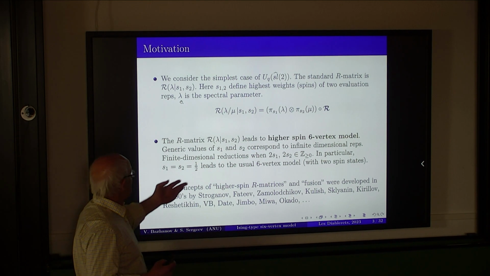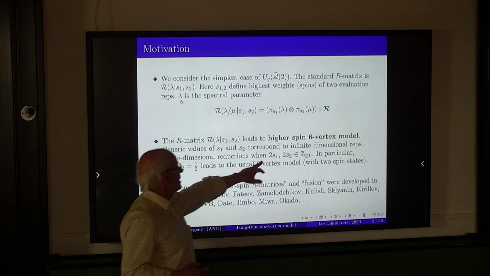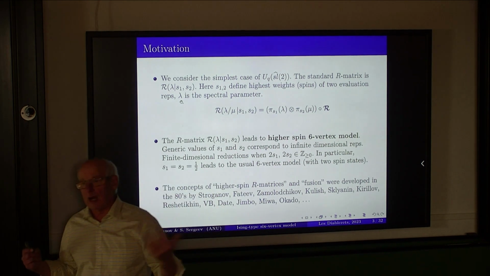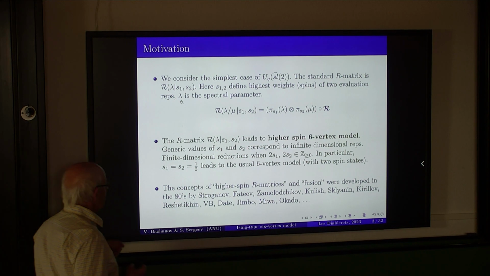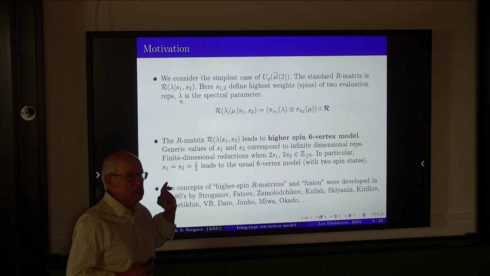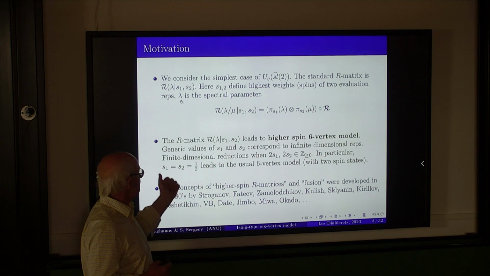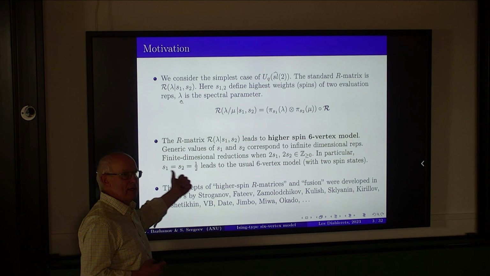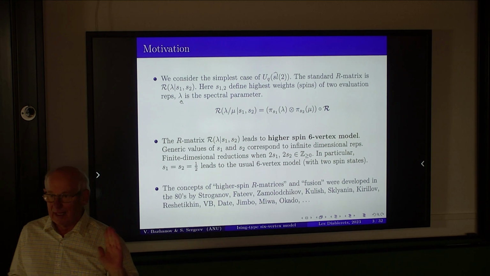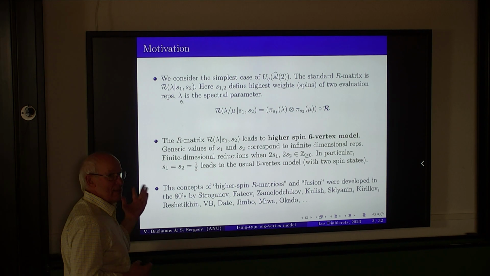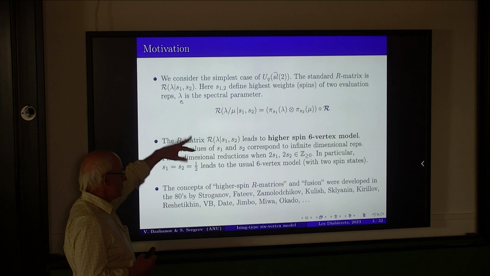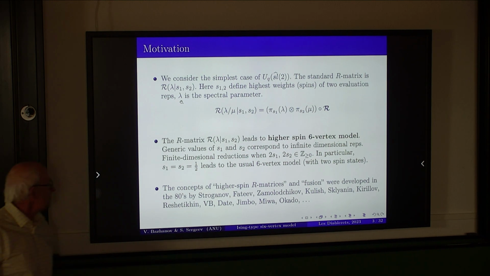When S1 or S2 are half-integers or integers, the model admits a finite-dimensional reduction. In particular, the usual six-vertex model has S1 = S2 = 1/2. It's the two-state six-vertex model, which is included here.